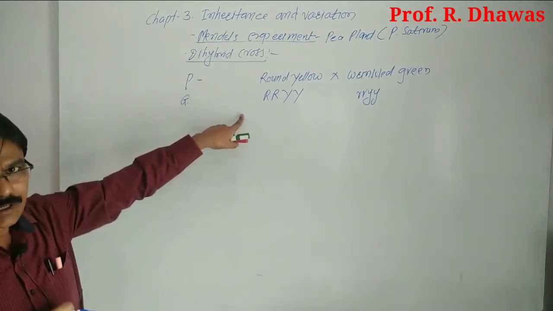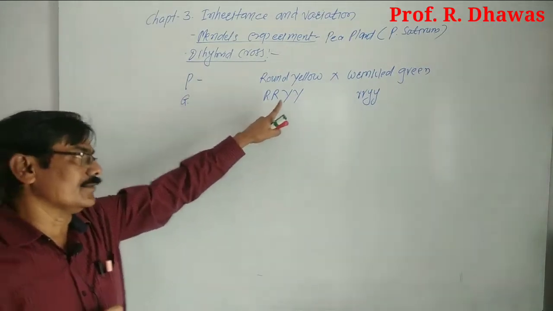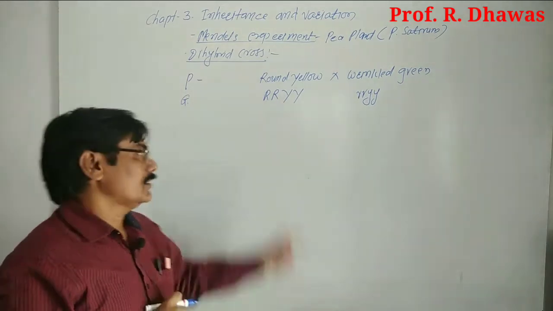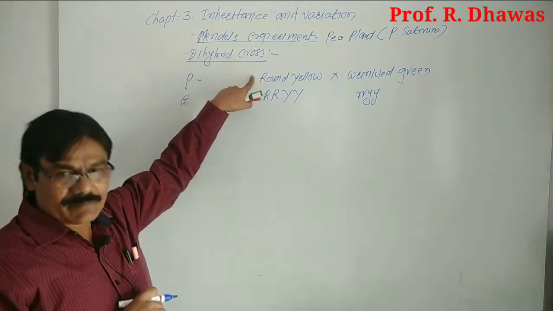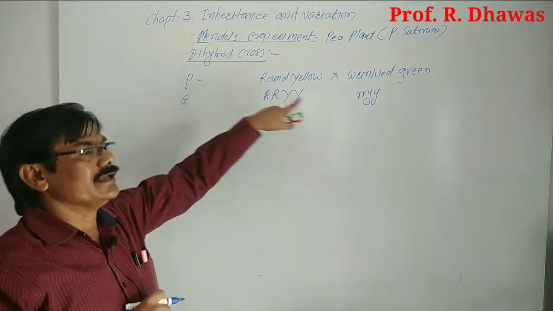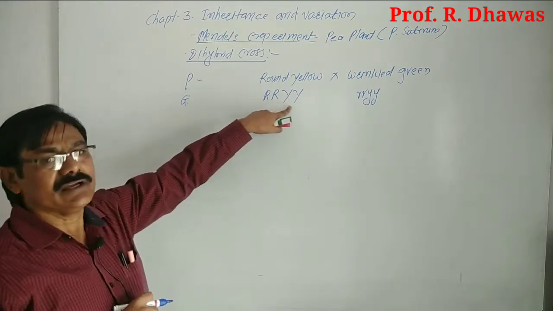Clear this? Again, why do we write the double letters here, capital R and capital Y? Because there is the diploid nature of the parent plants, having paternal side and maternal side genes, and these have alternate forms of the genes.